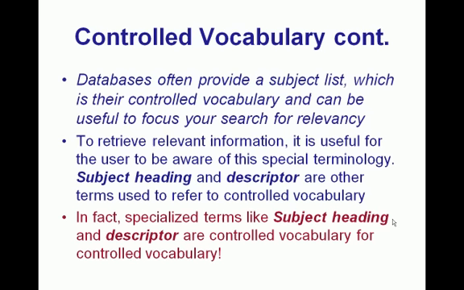To retrieve relevant information, it's useful for the user to be aware of this special terminology. Subject heading and descriptor are other terms used to refer to controlled vocabulary. In fact, specialized terms or alternate terms like subject heading and descriptor, if you think about it, are controlled vocabulary for controlled vocabulary.